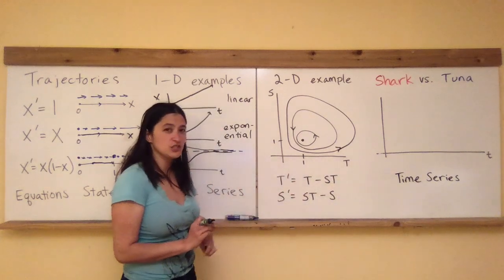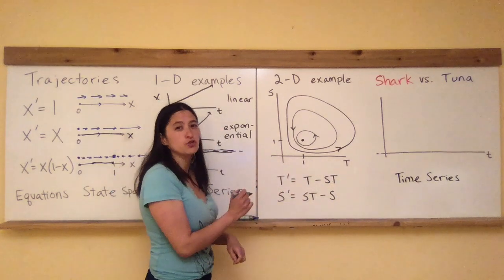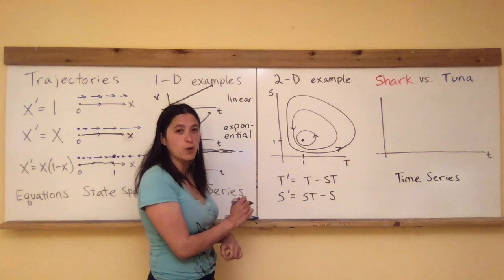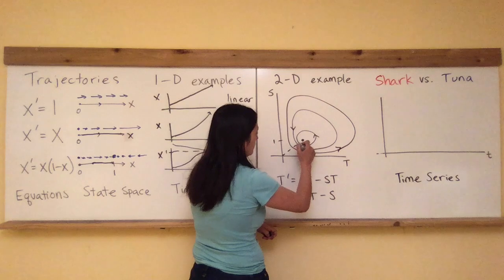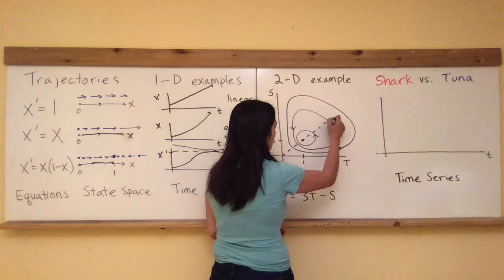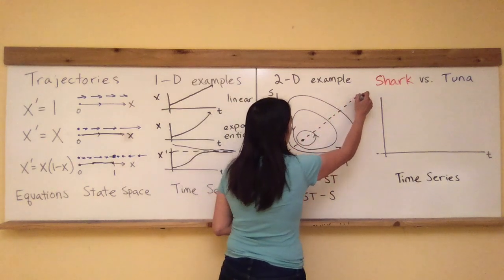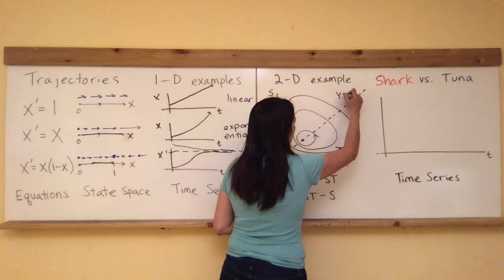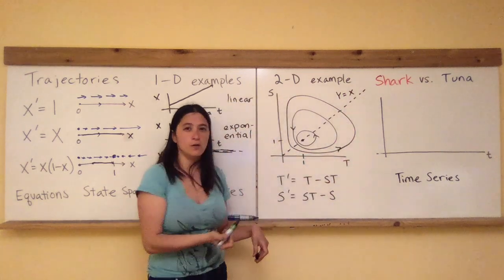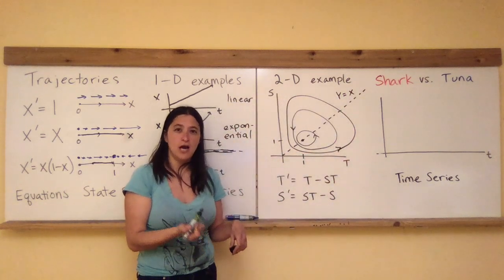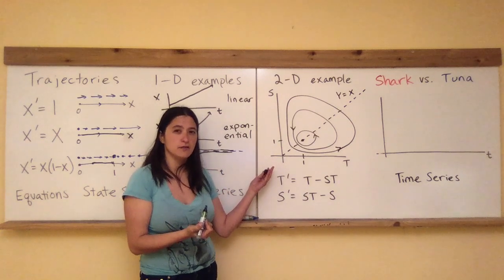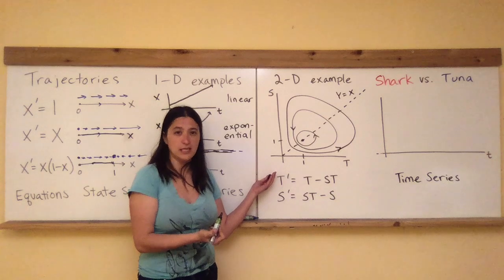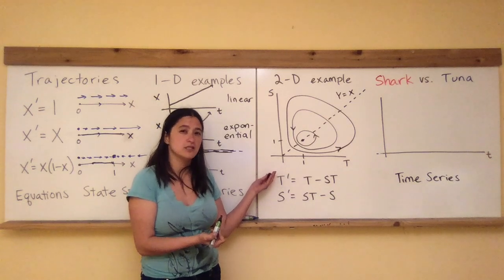One thing that I like to do sometimes is draw the diagonal line where y is equal to x. Watch this. So on the state space, I've given myself help by drawing in what's called the diagonal or identity line, where y is exactly equal to x.